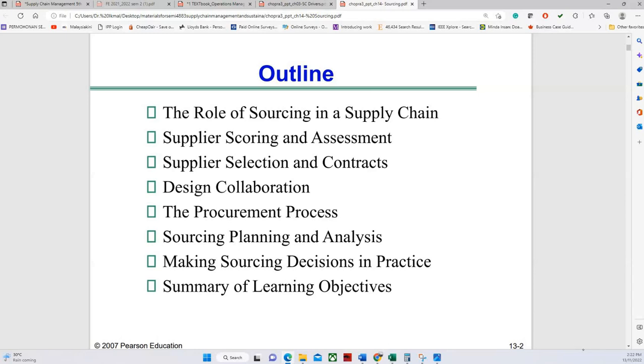The types of scoring I'm going to teach is not limited to what I'm teaching, so you can go to other scoring assessments as well. Then supplier selection and contracts, design collaboration, the procurement process, sourcing planning and analysis, making sourcing decisions in practice, and also a summary of learning objectives.